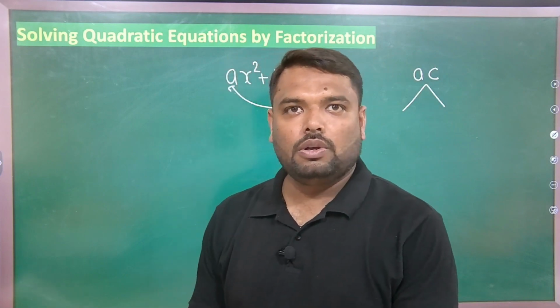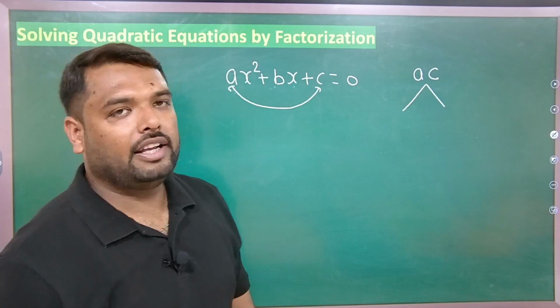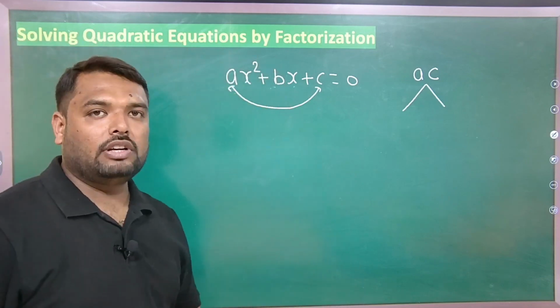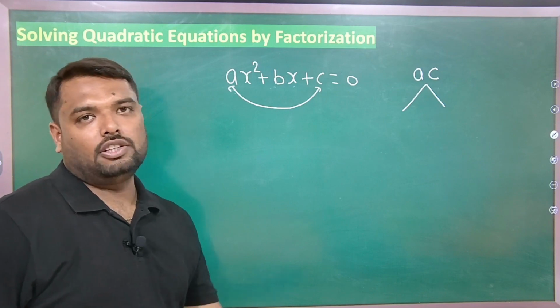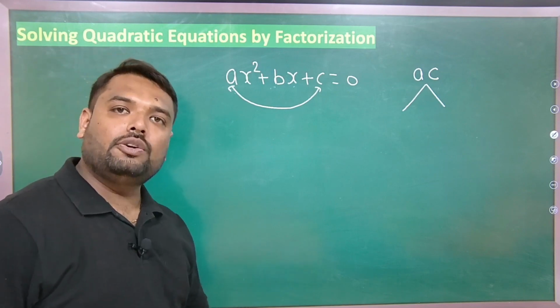Then you have to take common in 4 terms, then you have to equate it to 0, and finally you will get the result. Means you will get the zeros of the quadratic equation.